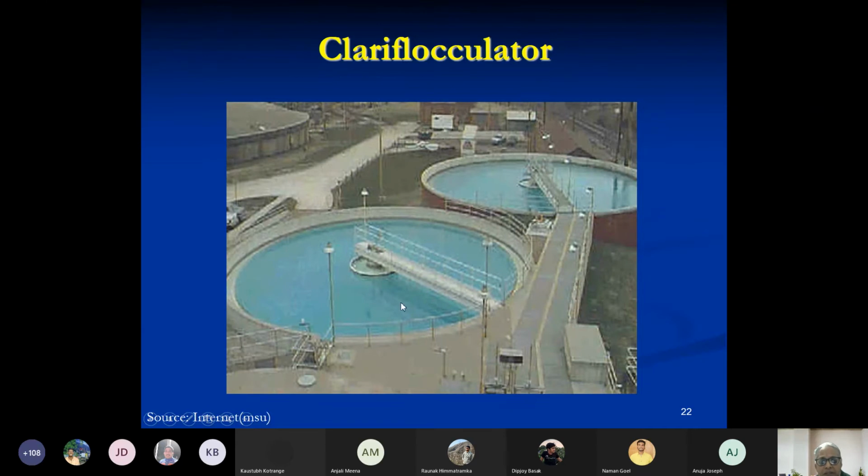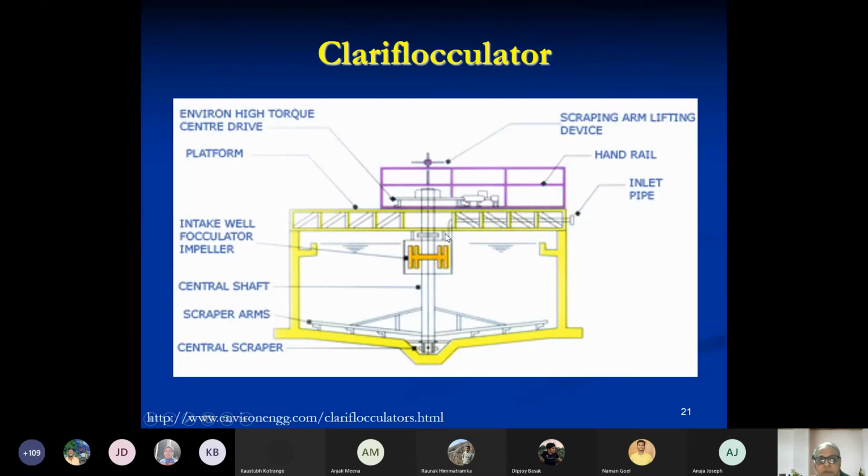What you see over here is there are two tanks, literally. So the water comes in at the center, and all around the tank you have what is called a collection trough. So let us take a look at the schematic. The water comes in at the center. It is radially distributing itself in all directions. This is a circular tank. So what you're looking at is a cross section of a circular tank.